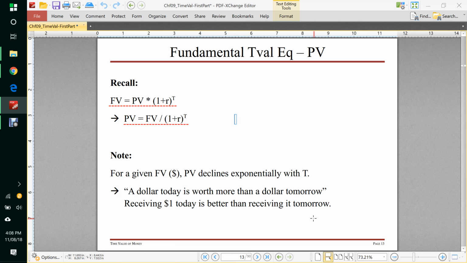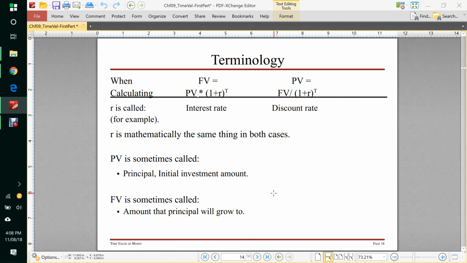Why? If I receive it today, I can put it in an exponential growth contract, savings account, interest-bearing checking account, treasury security, CD, something like that. And then by tomorrow, it'll be worth more. So I want to receive it today because I can put it in some guaranteed investment and it will grow to more than a dollar tomorrow.